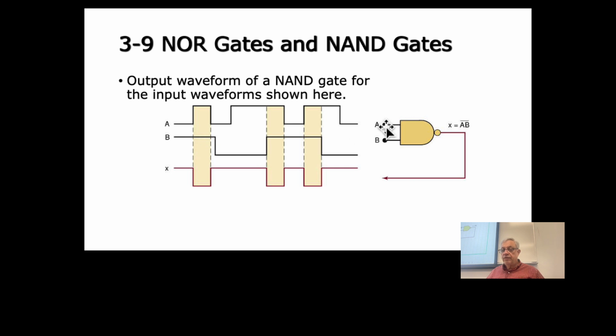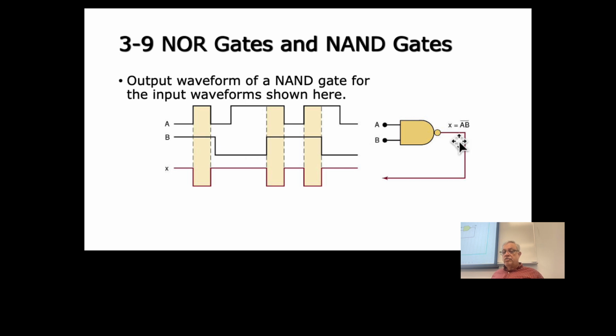If A and B are not simultaneously 1s, I'm not going to get a 0 out. If A is a 0, I get a 1 out. If B is a 0, I get a 1 out. Here A is a 1, B is a 0, I get a 1 out.